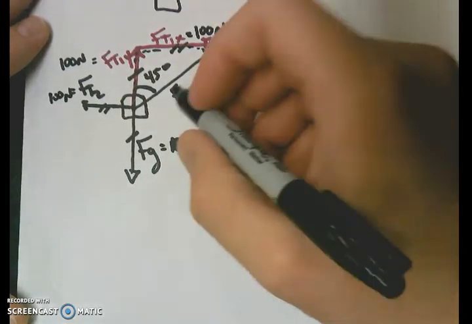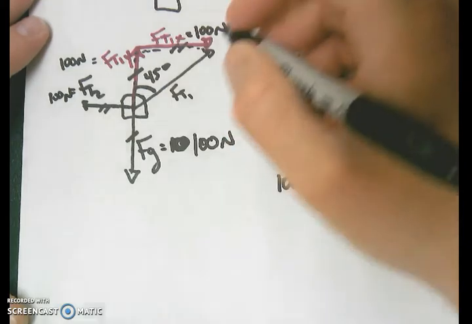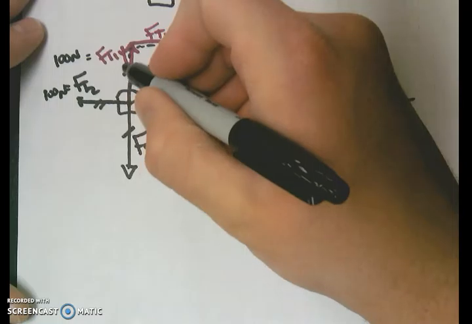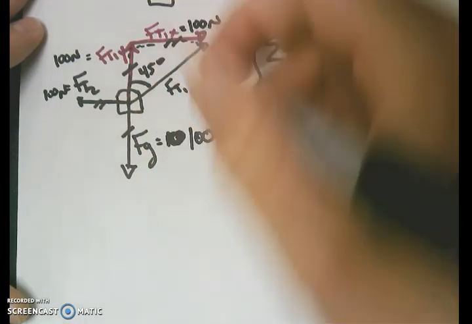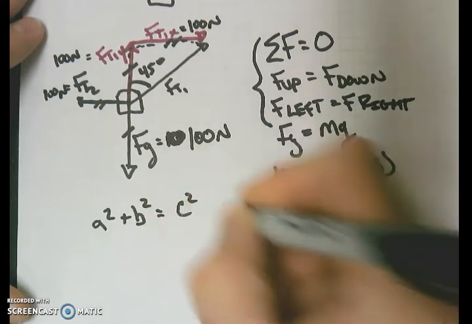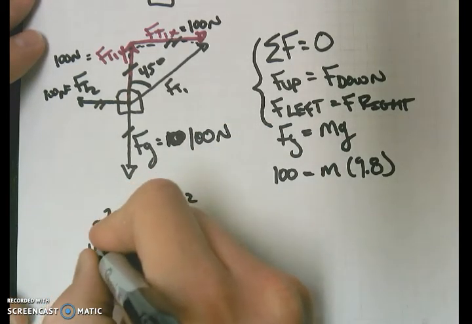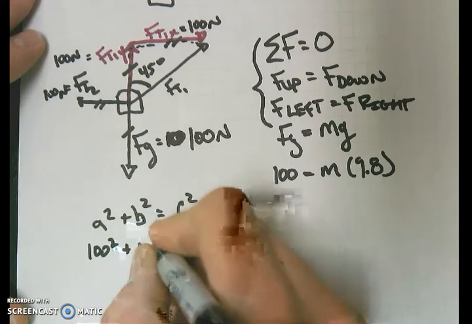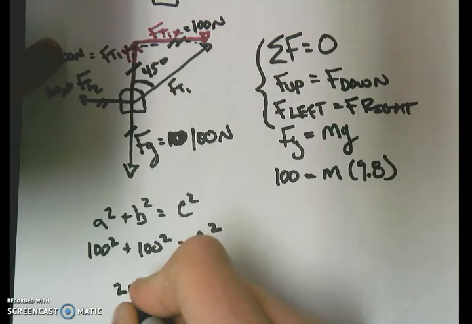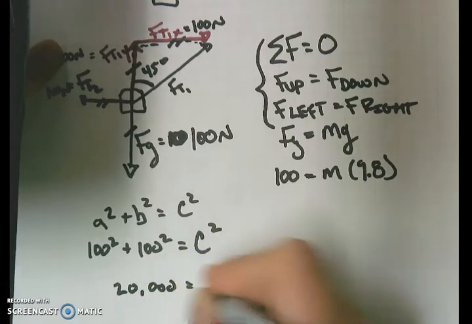Okay? And so finally, we would need to solve for our hypotenuse. There are a couple ways you could do it. You could use SOHCAHTOA, or you could use a squared plus b squared equals c squared. I'm going to do that. So 100 squared plus 100 squared is equal to c squared. Doing the math real quick, we get 20,000 is equal to c squared.